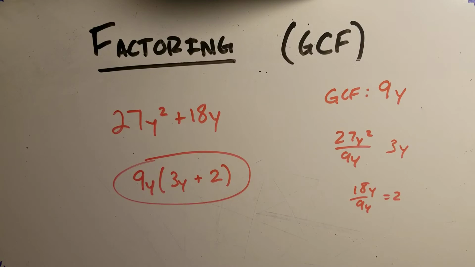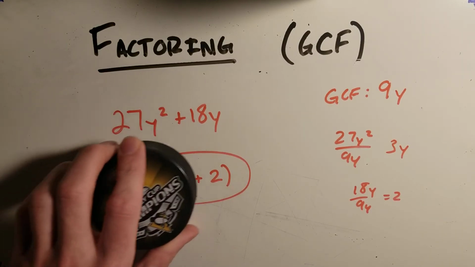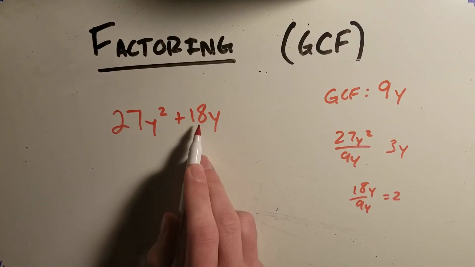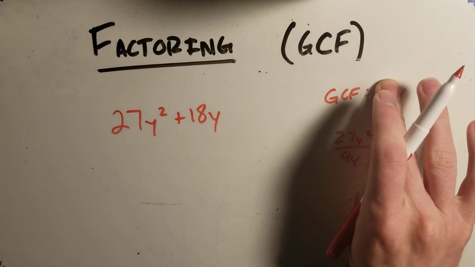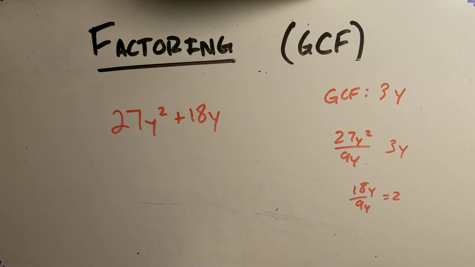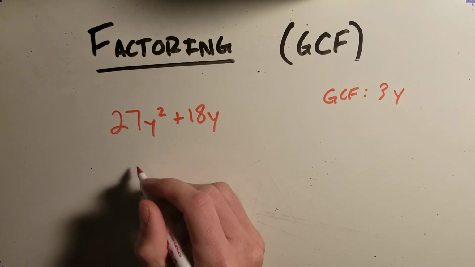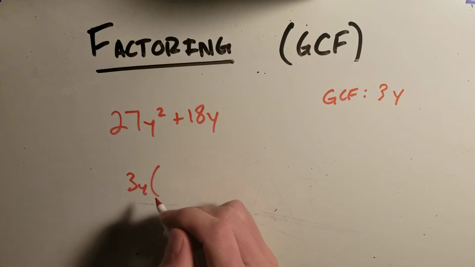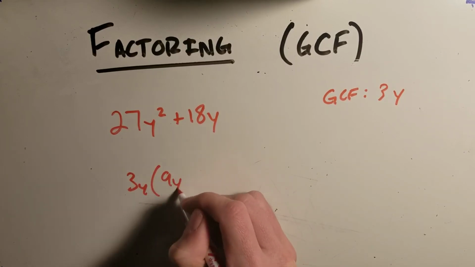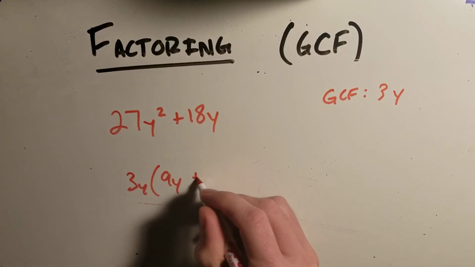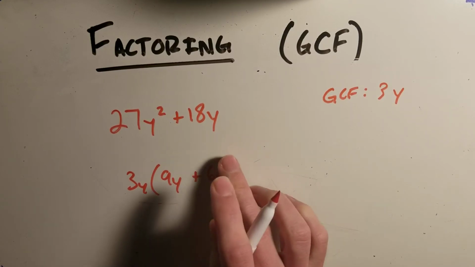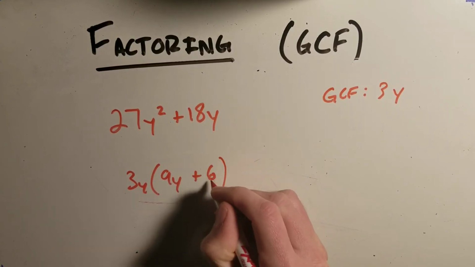Okay, now let's see. For this one, I mentioned in the beginning, you might have noticed the 3 in common. If you had taken out a 3, you didn't take out the greatest common factor, but you did take out a factor, you would end up with 3 times 9y inside plus 6.